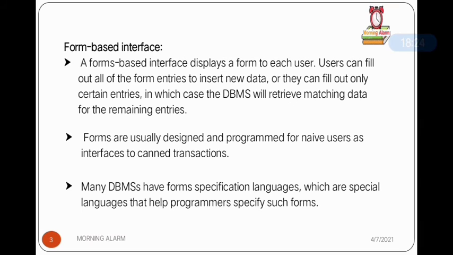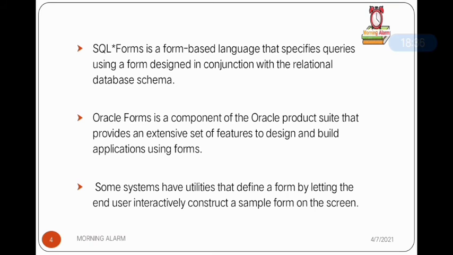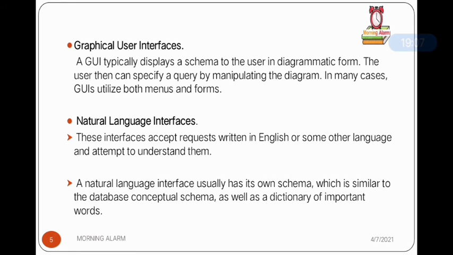The form based interface includes forms where the user can fill the forms fully or partially to get the data. SQL forms and Oracle forms are mostly used. The next one is the graphical user interface, which sometimes also uses menus and forms. In this, the schema is presented to the user in diagrammatic form.